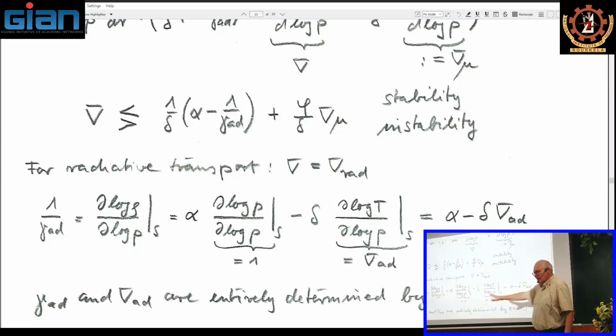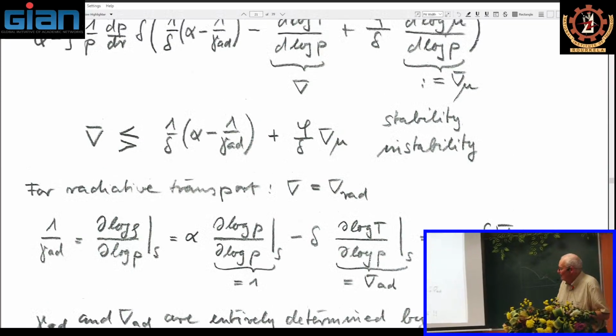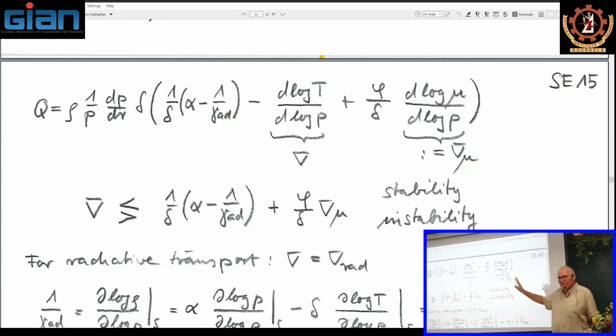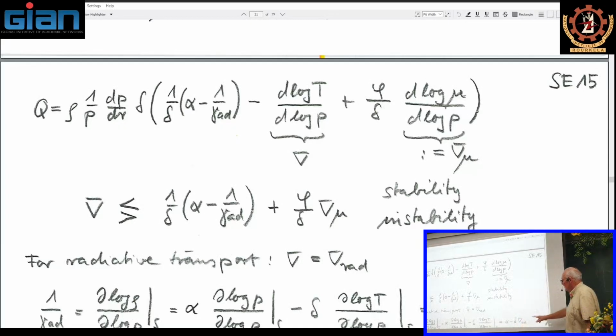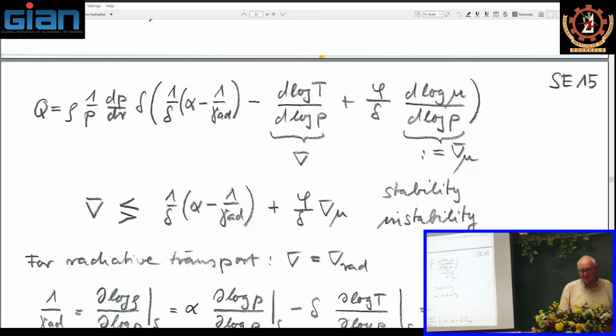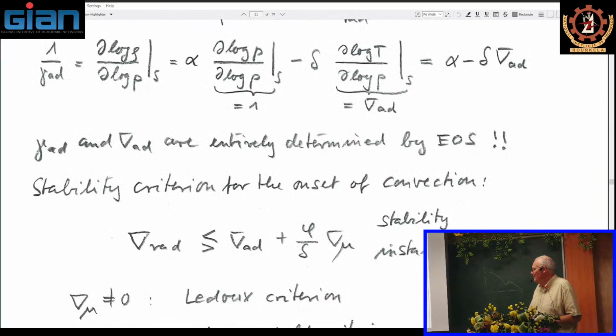Keep in mind, gamma adiabatic and nabla adiabatic are determined only by the equation of state. No stellar model is involved here, whereas in the comparison above, we have to insert a particular stellar model. This refers to the actual gradients of temperature and pressure within the star. Now, by this relation, we can simply write this term in terms of nabla adiabatic. It's simply nabla adiabatic here.